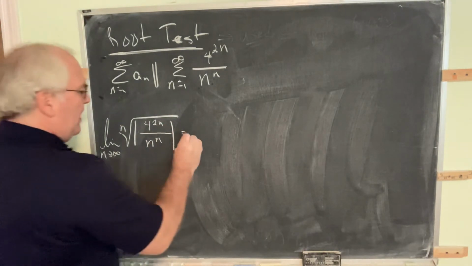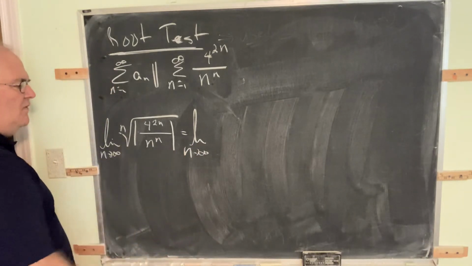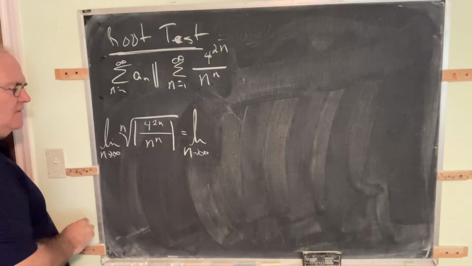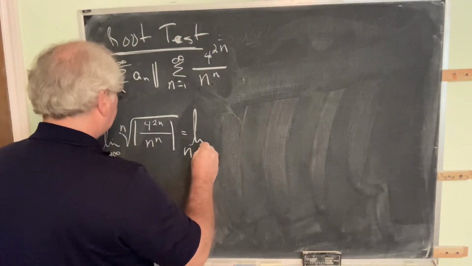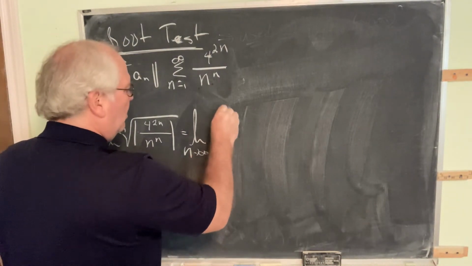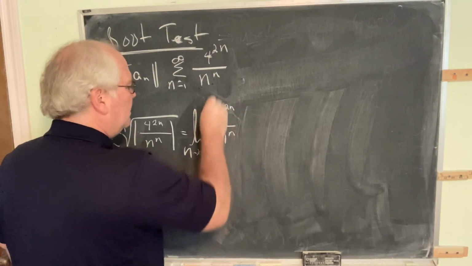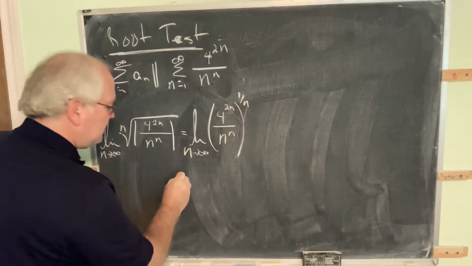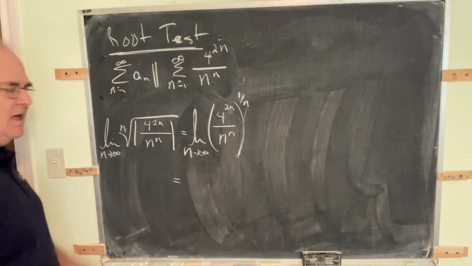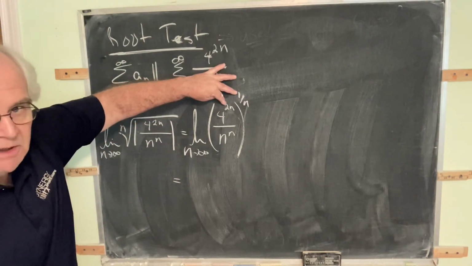Okay, so I'm going to rewrite this. I may forego the absolute value because nothing is negative. And I'm going to write this as 4 raised to the 2n over n to the n, and raise this to the 1 over n power. Sometimes it's a little easier to see if you write this in exponential form, because when you raise a power to a power, you multiply.